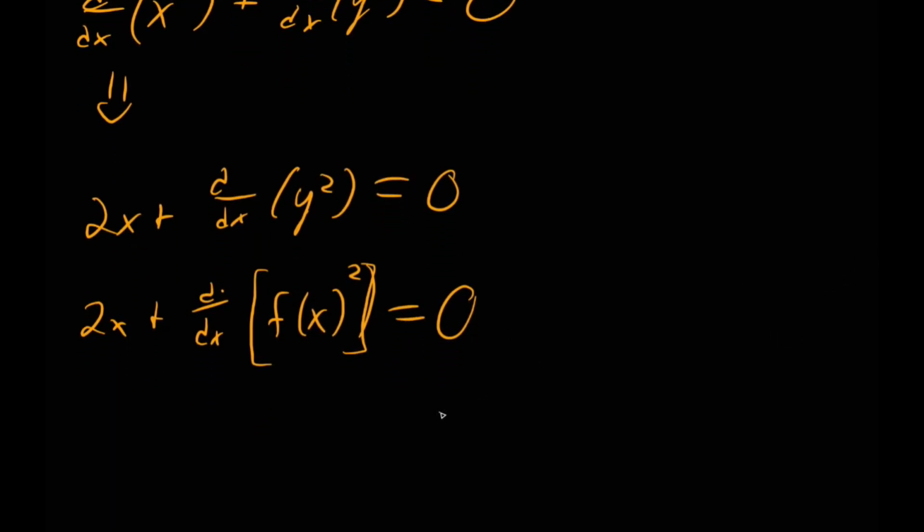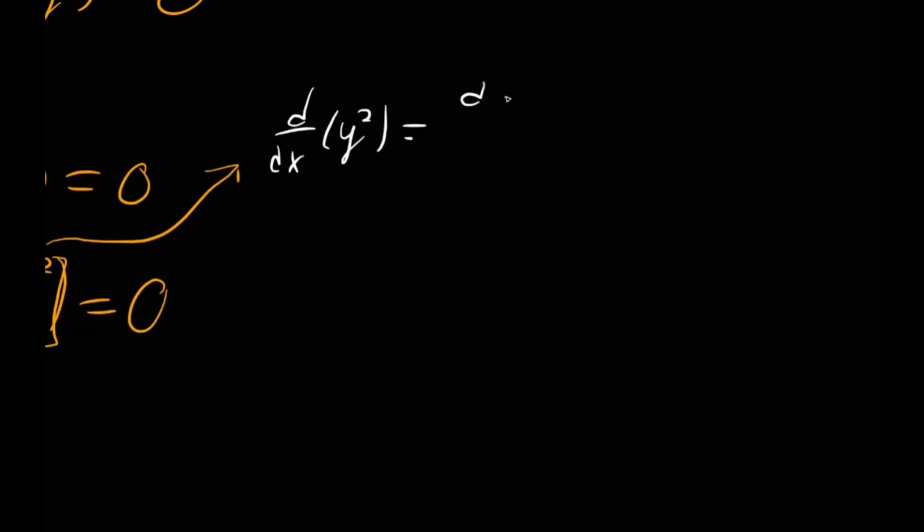If we were to do that, we know that d/dx of y squared is going to be equal to d/dy of y squared times dy/dx, right? Because the inside, outside, and then the inside.